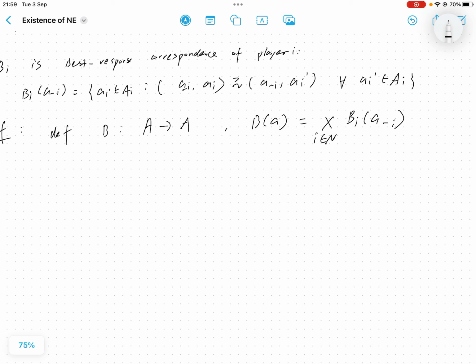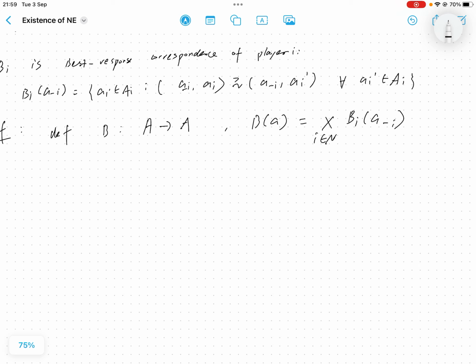So we can always have the same dimensions for the inputs and the outputs here for the B. Okay, that's the definition for this B. Later we'll see some examples of that.